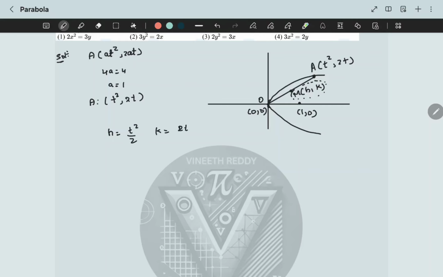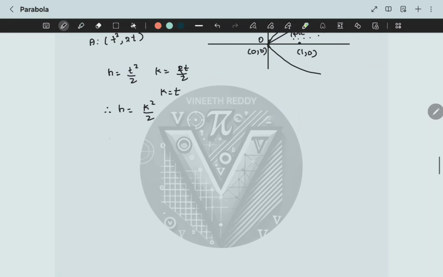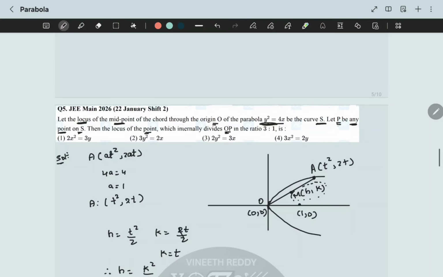So k will be 2t divided by 2. That means k is equal to t. Therefore h will be k square divided by 2. Now replace h and k with x and y. So we get x is equal to y square by 2. That means the new curve S is also a parabola. Wonderful. So we identified this curve S.